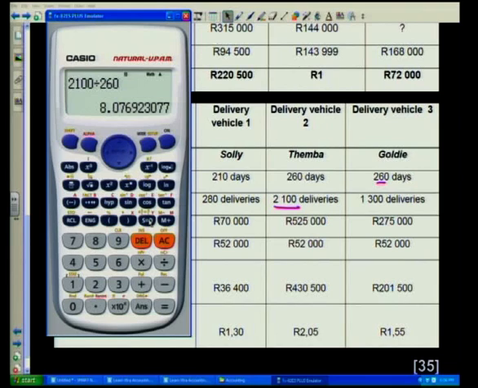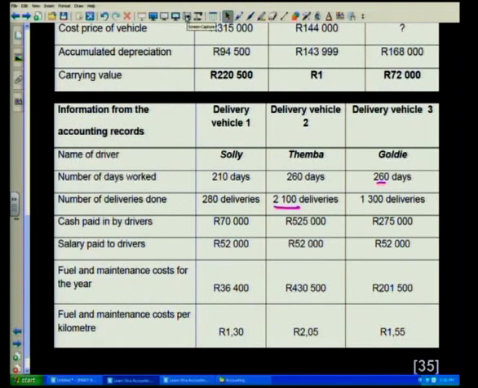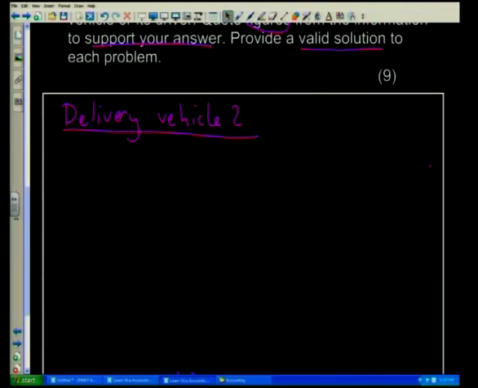But you can see that this vehicle is also the most expensive one in terms of kilometres, because this vehicle costs 2.05 Rand in fuel and maintenance cost, whereas the other 2 vehicles are much cheaper. So that would be one possibility. Let us write it in words.